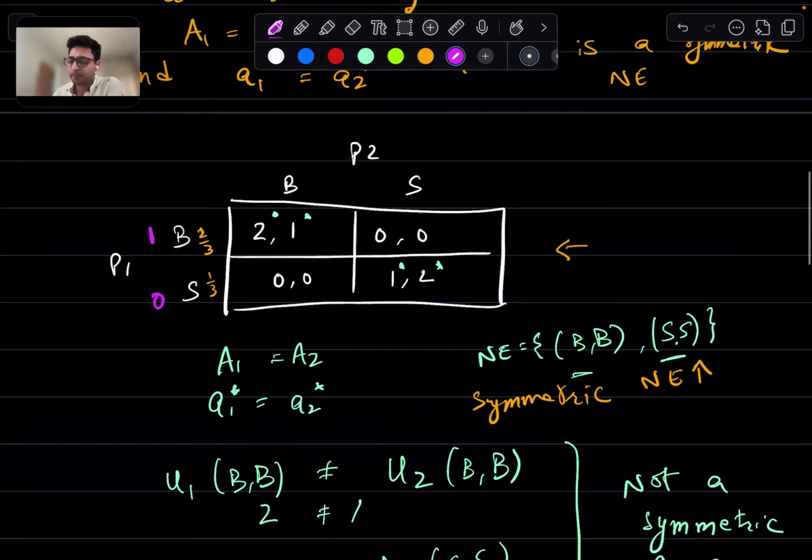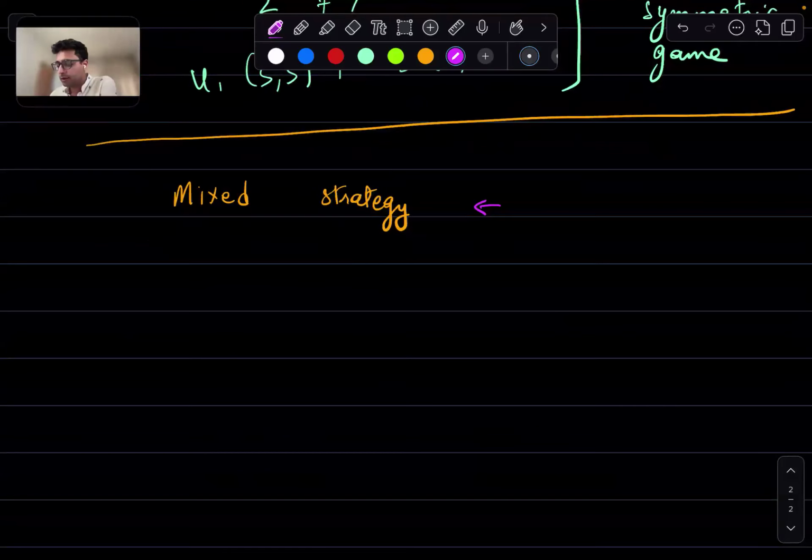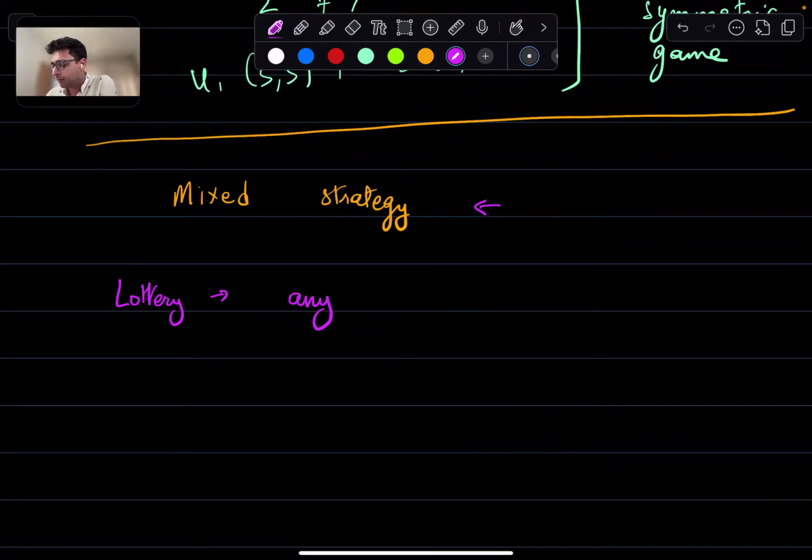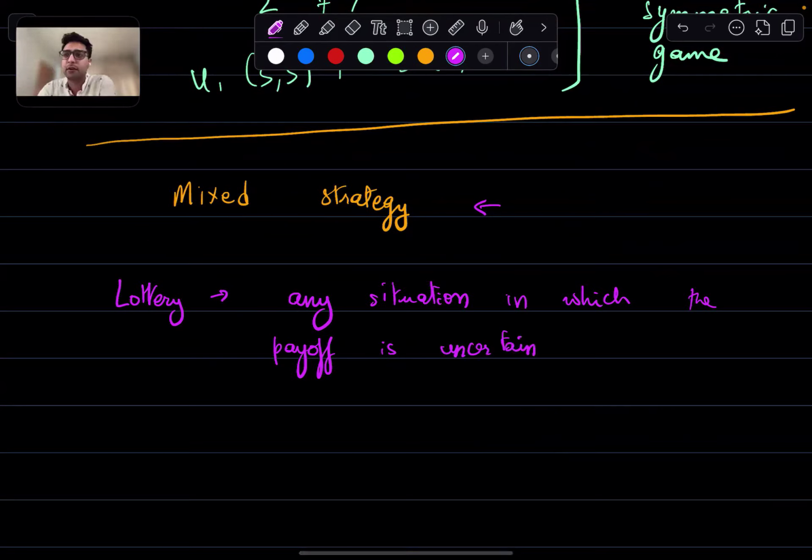And so a lottery is just any situation in which the payoff is uncertain. Right? So an actual lottery is also a lottery.